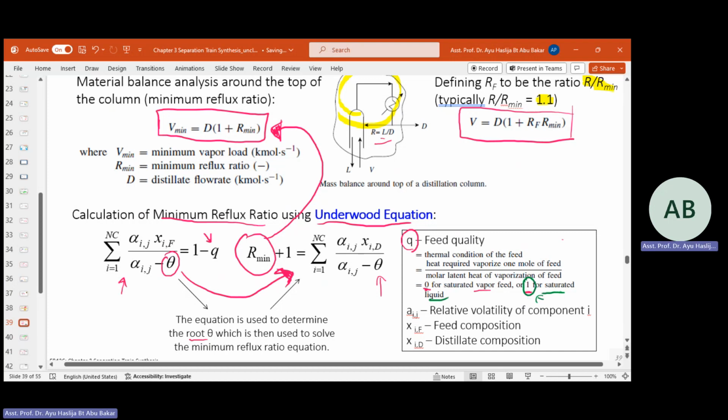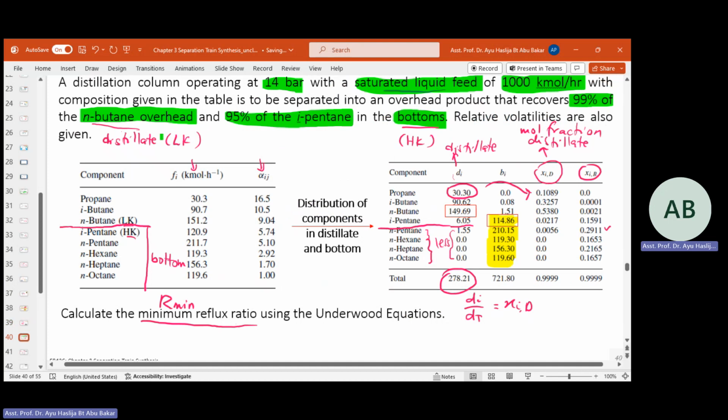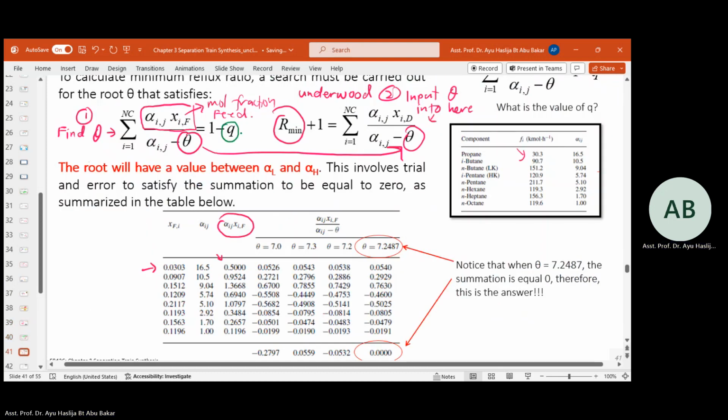Okay, so input 1 into the equation. Here is 1 because of saturated liquid, the Q. Q equals 1 because saturated liquid.